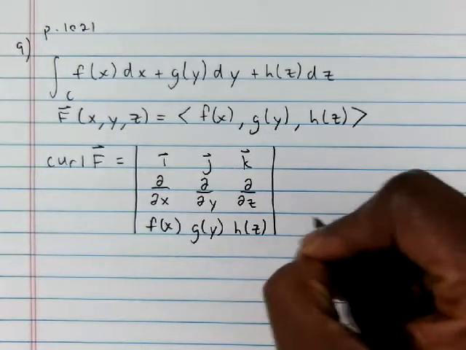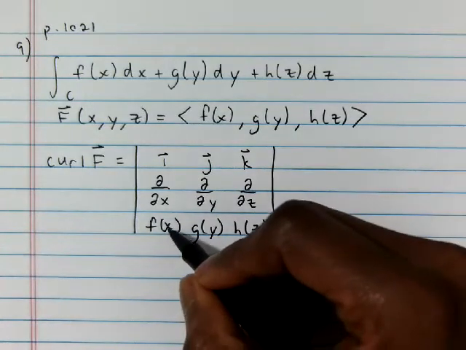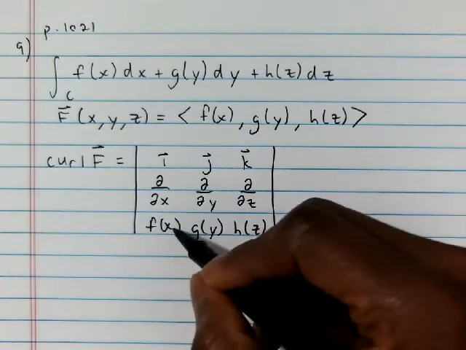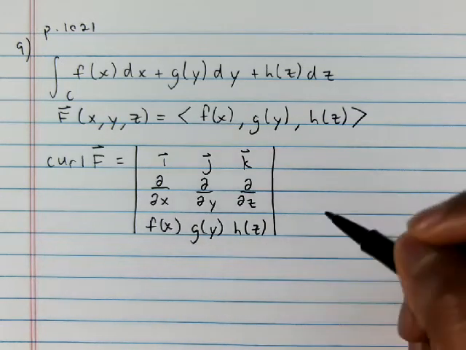And here it's important that we write the x, y, and z in there, so we don't think that they're telling us explicitly that f is really just a function of x, g is just a function of y, and h is just a function of z.